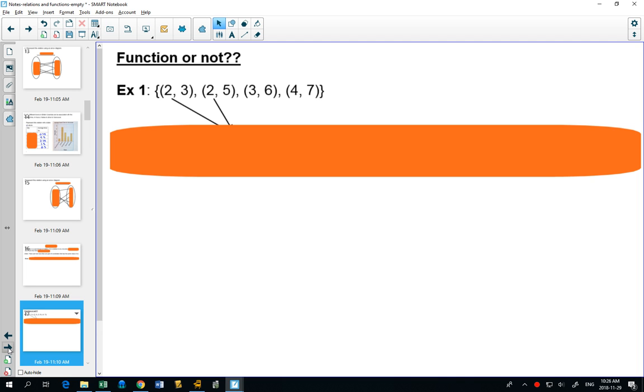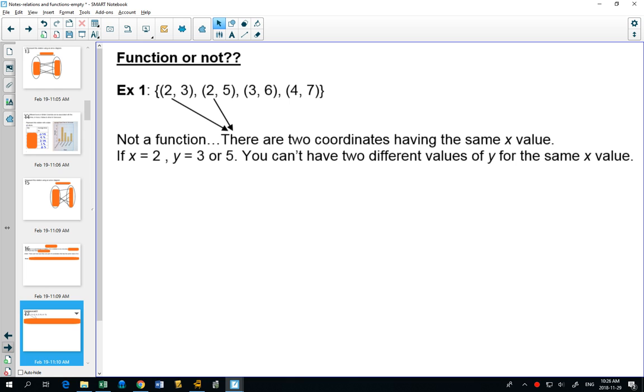One x value of 2 has a y value of 3. Another x value of 2 has a y value of 5. So that makes it not a function. There are two coordinates having the same x value, but different y values. So each x value can have only one y value.